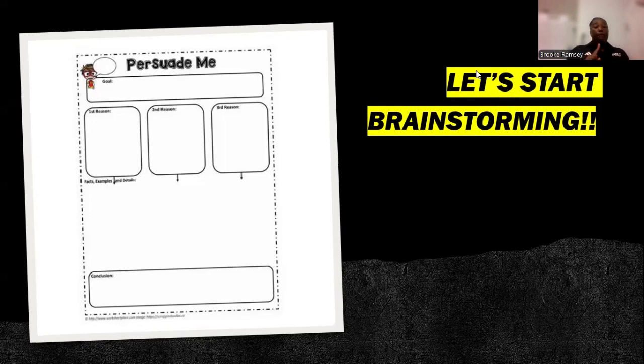So our first prompt is, should schools ban phones during the school day? Our second prompt is, should social media platforms require stricter age requirements? Number 3, should kids 12 and up be able to vote?